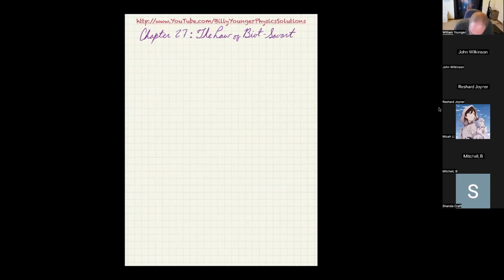It turns out that basically by trial and error and experiment and just brilliance, the law of Biot-Savart was created, and it basically says that dB, a differential bit of a magnetic field, is equal to mu 0 I over 4 pi times dl cross r hat over r squared.